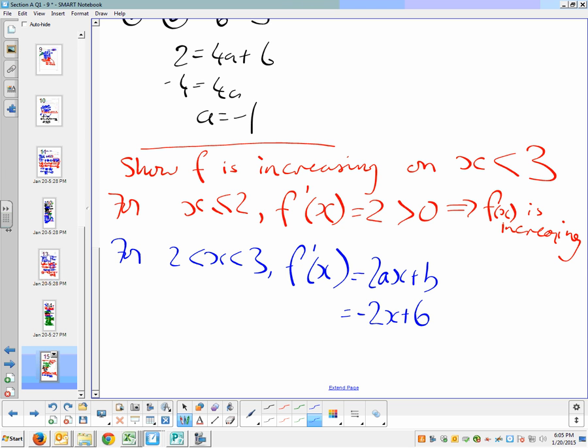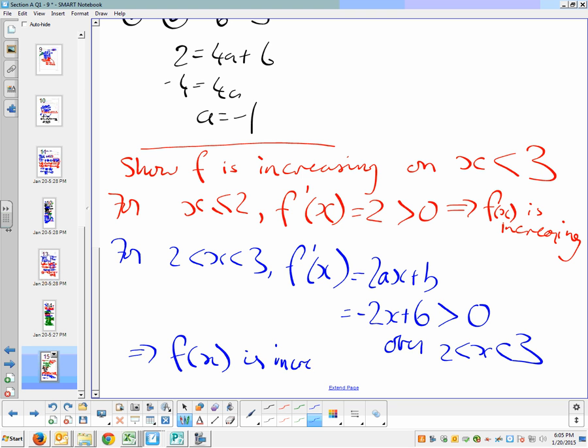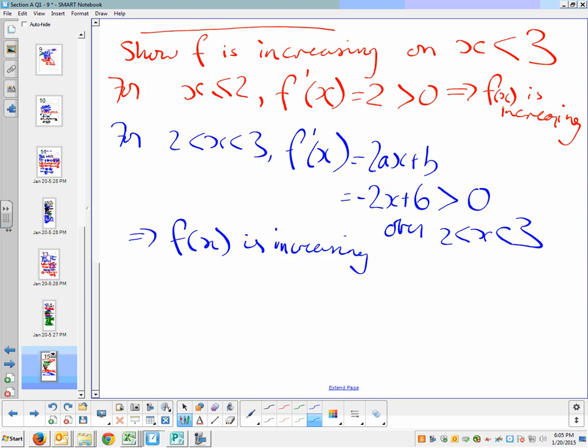It's obviously linear, which is positive over 2 and 3. Hence, f of x is increasing. And if it's increasing, that must mean it is one-to-one, because its gradient is always strictly greater than 0, so it can't ever be coming down, getting the same value again.